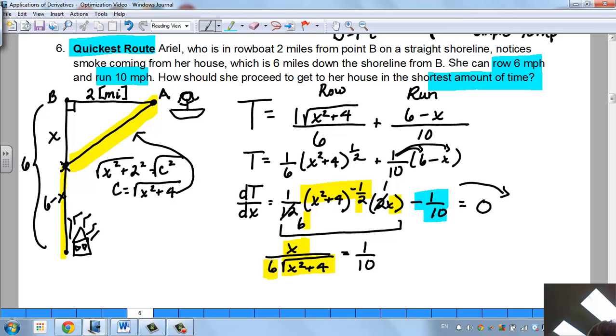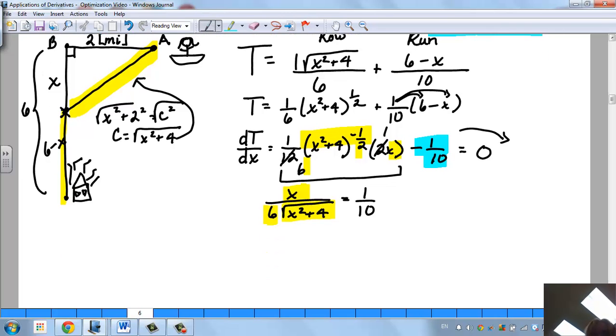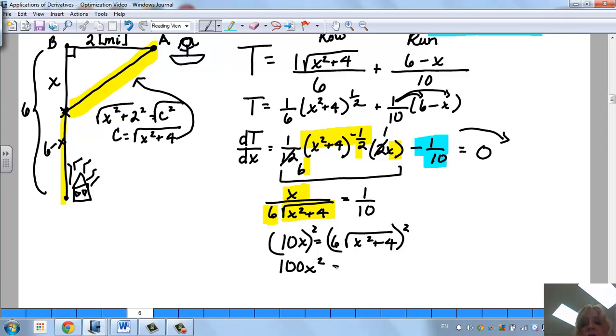All right, now I'm going to cross multiply to solve. So I have 10x equals 6 radical x squared plus 4. And I'm solving for x, so I'm going to square both sides. So if I square this side, squared this side, I have 100x squared equals 36, because don't forget you've got to square the 6, times x squared plus 4.